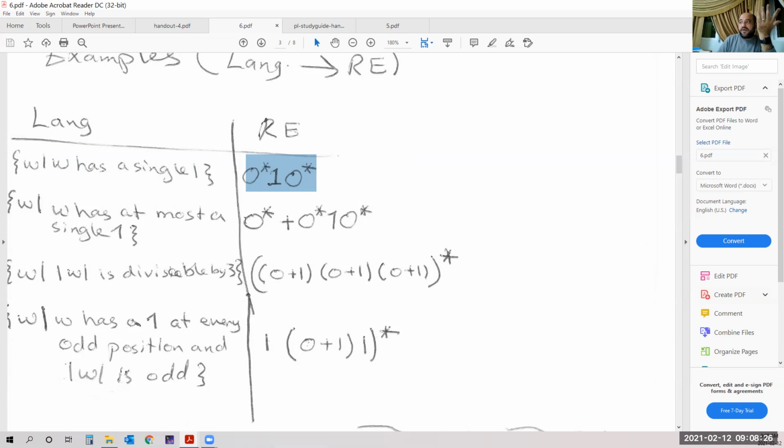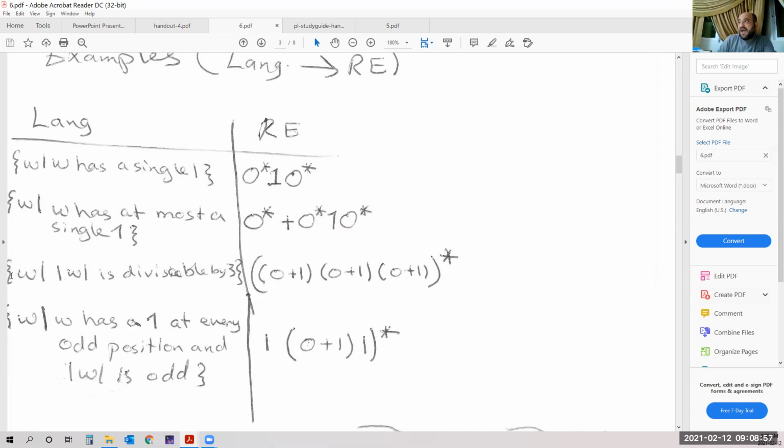So I take the previous expression, which has a single 1, and since it's at most, I can have only one occurrence of the 1 or zero occurrences. If I have zero occurrences, it will be 0 star. Plus, union, the one which has a single 1, not more than that.